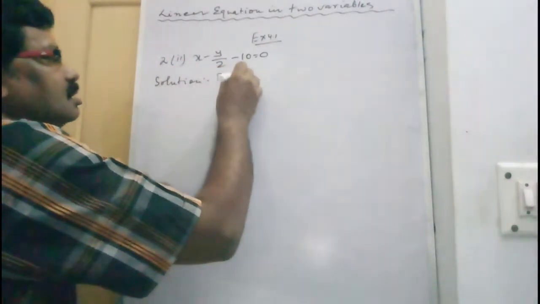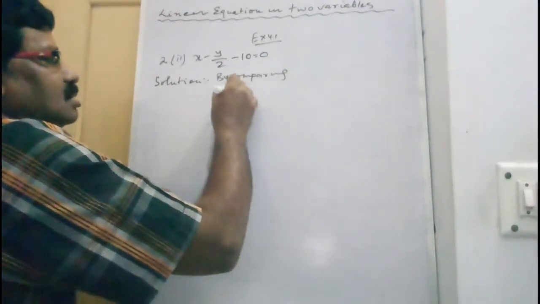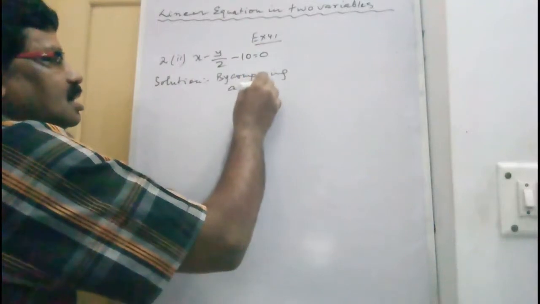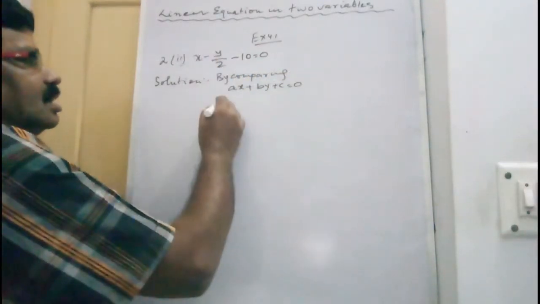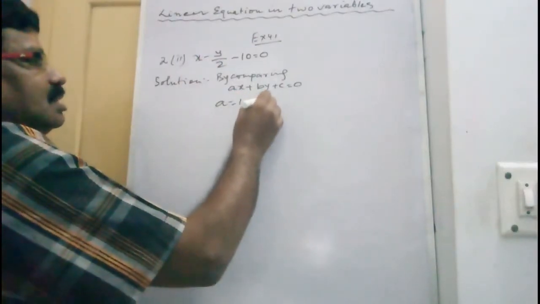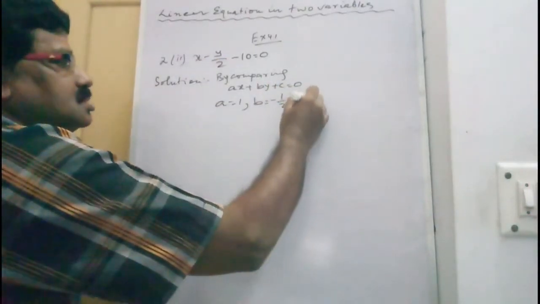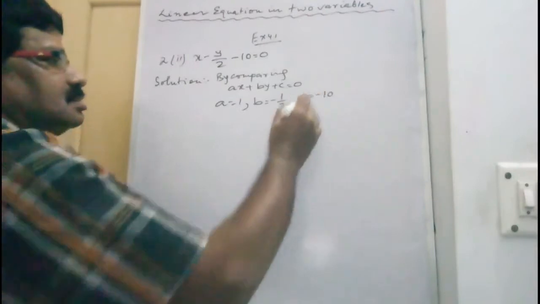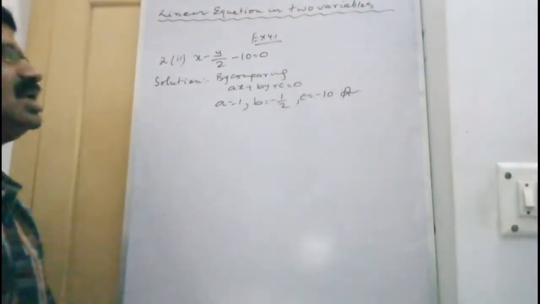By comparing with the original equation, that is ax plus by plus c equal to 0, a equal to 1, b equal to minus 1 by 2 and c equal to minus 10. Answer.